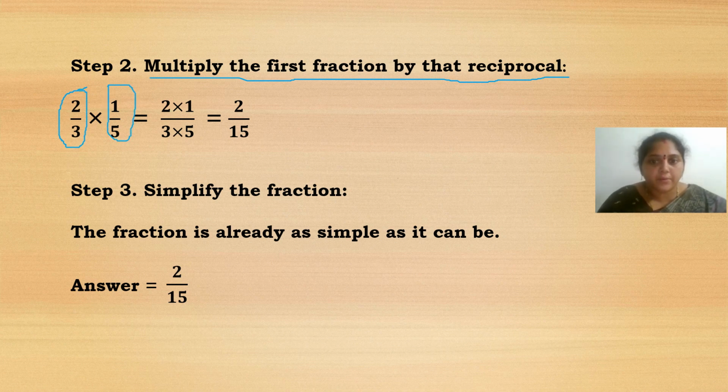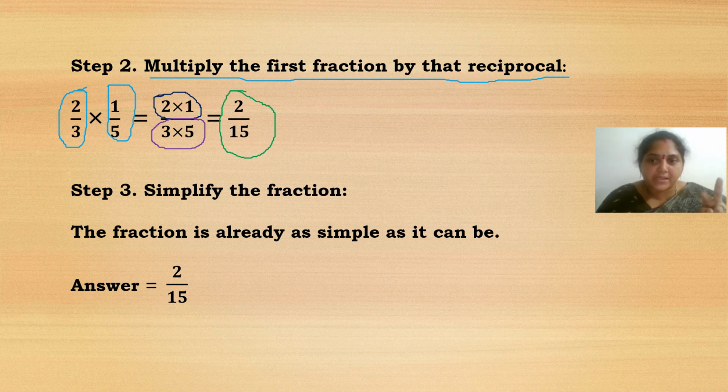Now we multiply the numerators, 2 into 1, and the denominators, 3 into 5. After multiplying, our fraction is 2 by 15. Can we simplify this fraction? 2 and 15? No, because 2 is in a different table and 15 is in a different table.